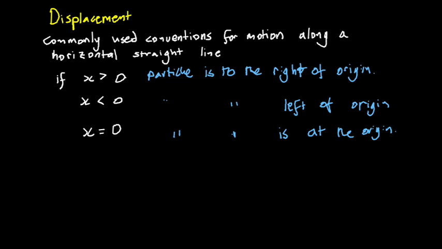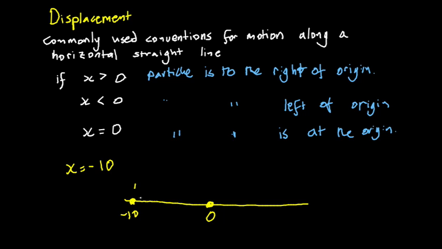Alright, so if we have x equal to minus 10 on a straight line, we're sitting to the left of the origin.